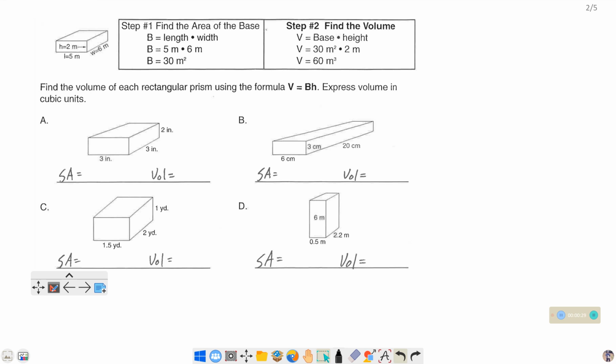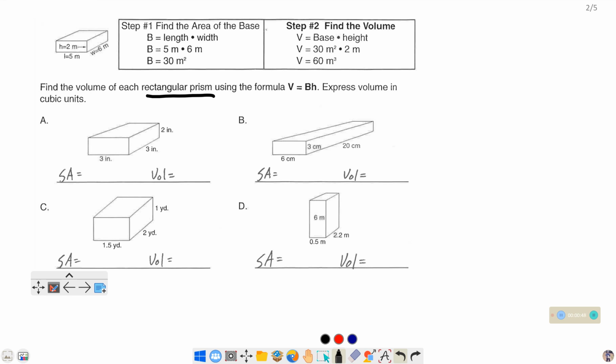Okay. Now you'll notice that our first problem has to do with rectangular prisms. Each of these is a rectangular prism. In each of these, the volume is a little bit easier than the surface area.